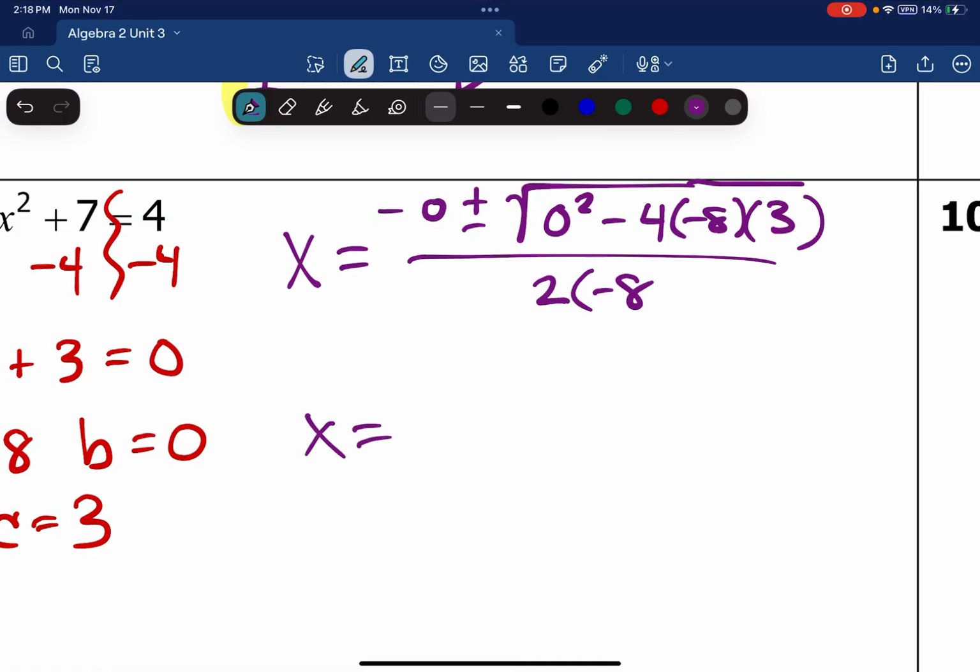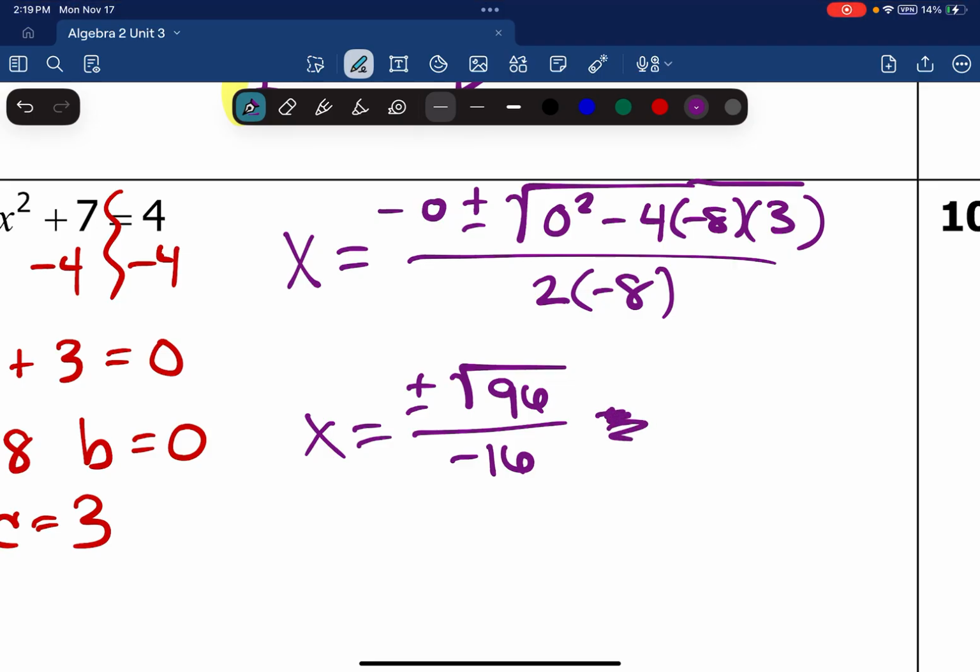And 0 operates just like 0 operates. Negative 0, well, that doesn't exist, so we don't have to write negative 0. 0 squared, well, that's 0, so I don't have to write that portion. Negative 4 times negative 8 times 3 is a positive 96. So 0 plus 96 is radical 96 all over negative 16.